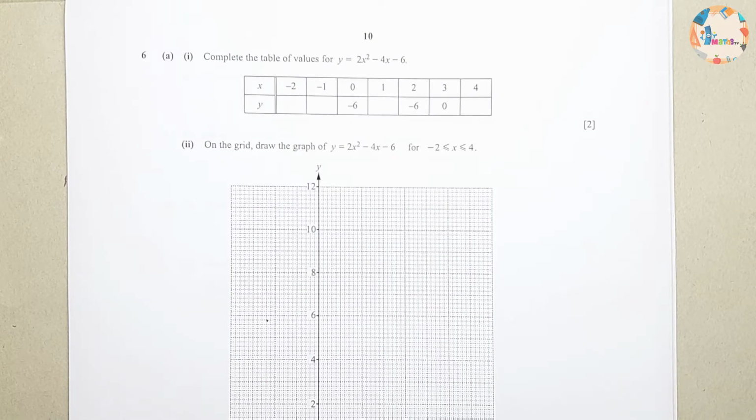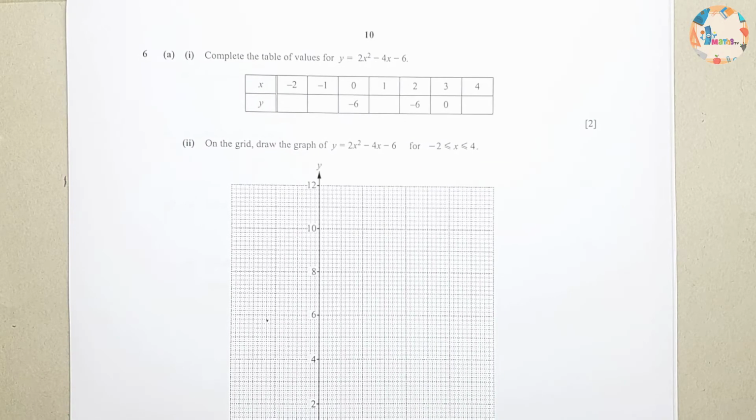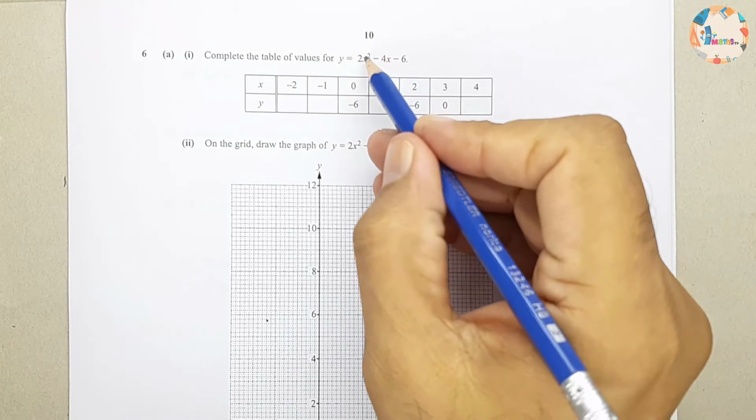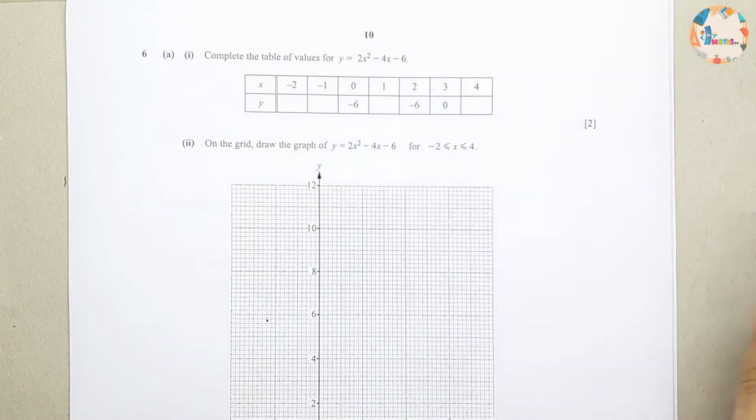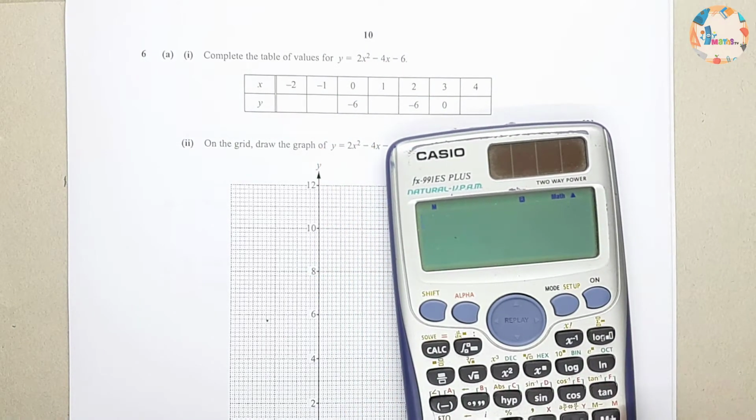Now the next question is question number 6. Question number 6 says complete the table of values for y equals this expression. So if we replace x with -2 in this, by the help of a calculator I replace one value, the rest you can practice.